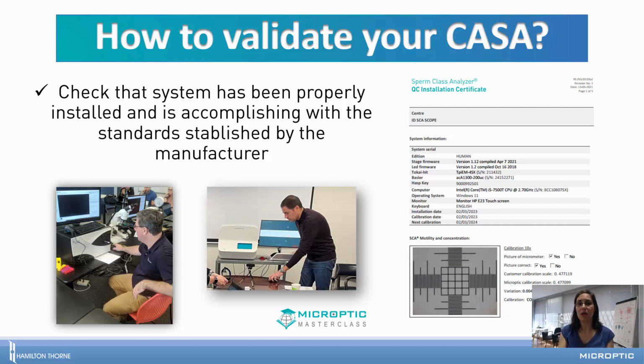So getting the installation certificate, or the calibration values in relation to a real measurement, to prove that the measurements the system is doing are realistic and accurate, is important to provide evidence confirming the system is running as expected.